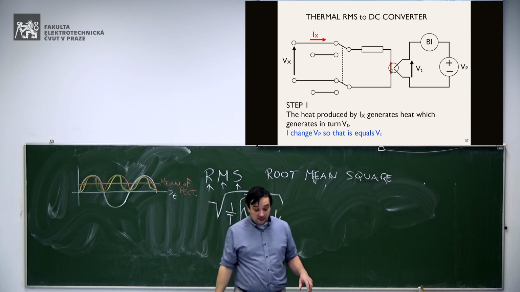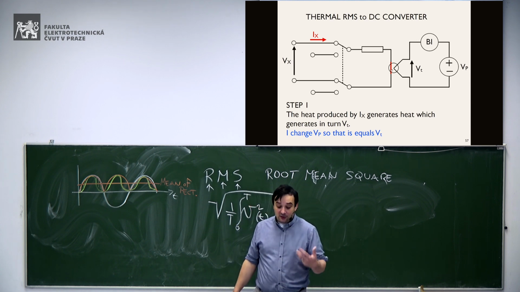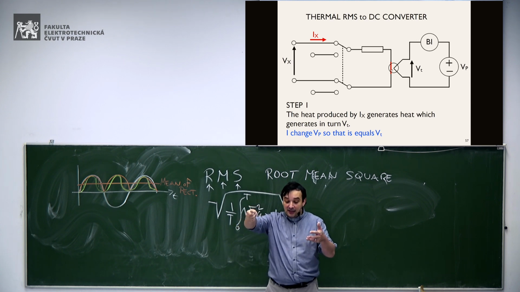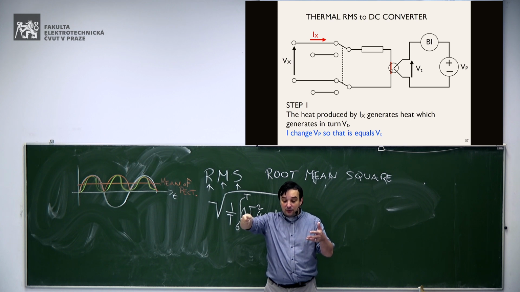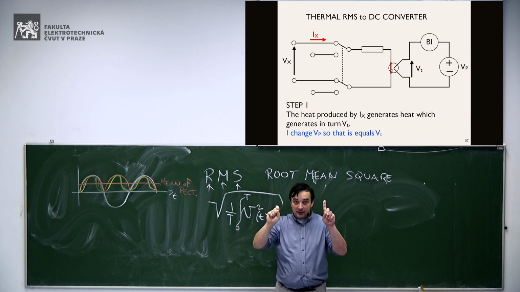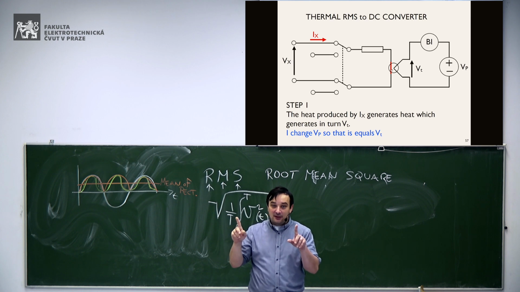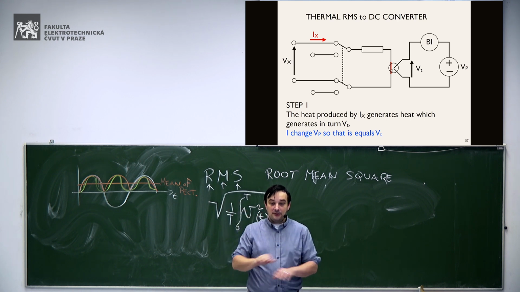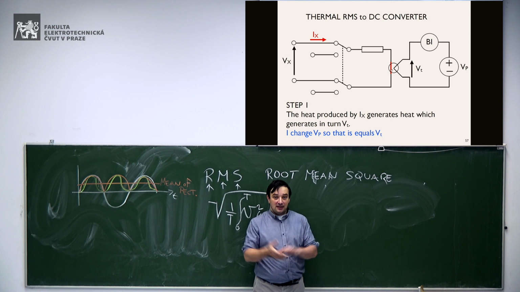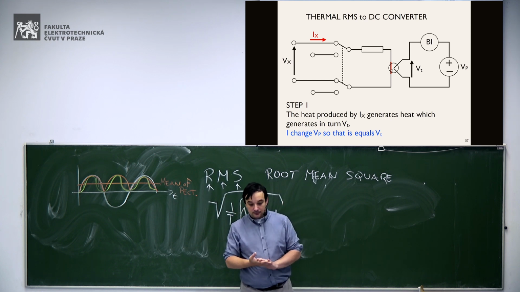So, if we give a current, we create some heat, and this heat creates a voltage Vt, then I change the value of Vp, the DC generator, until Vp and Vt are the same. If they are the same, the balance indicator says, bingo, 0. Therefore, I know that the two voltages, Vt and Vp, are the same.